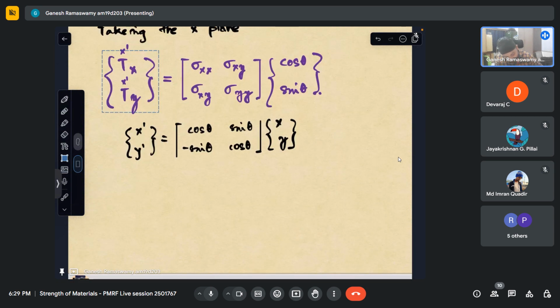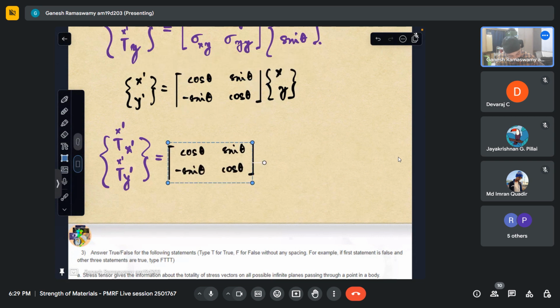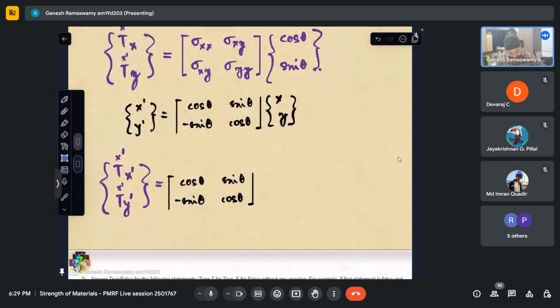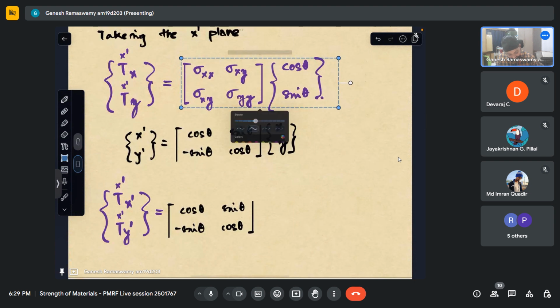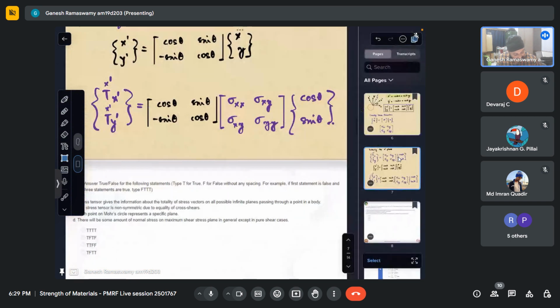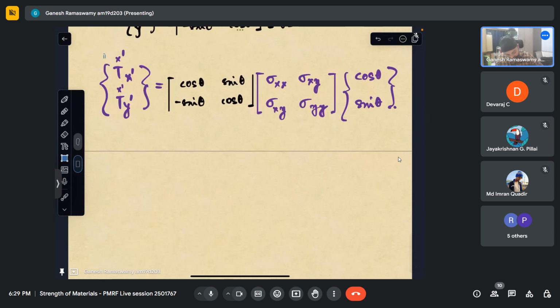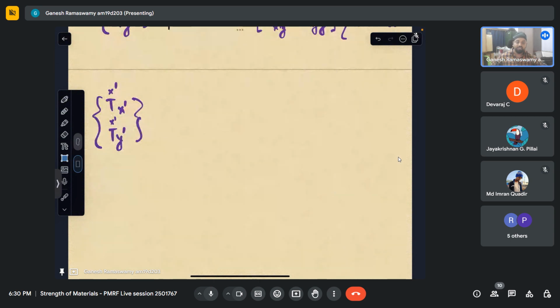So if I take this vector, which is Tx prime, and I want to transform it to the primed coordinates, I just need to take this matrix and multiply it by its original vector. What is the original vector? It is this entire thing. Once I do that, this is basically the traction vector on the x prime plane in the x prime y prime coordinate system itself.